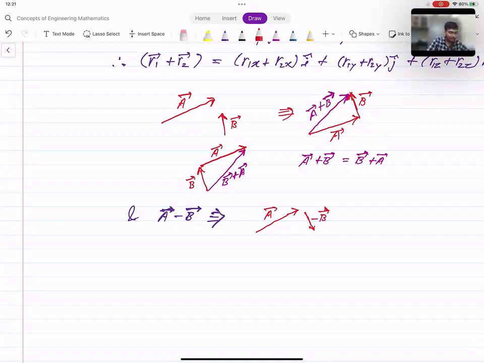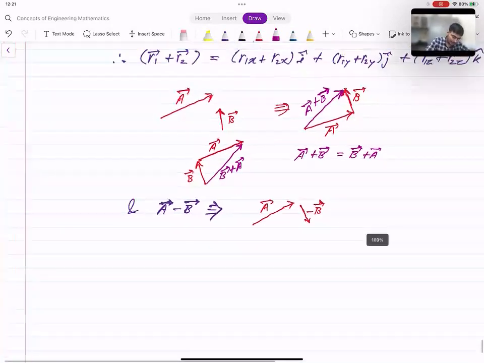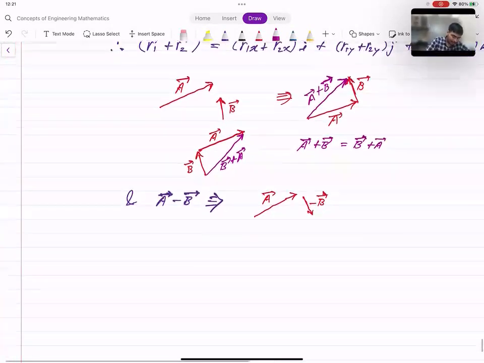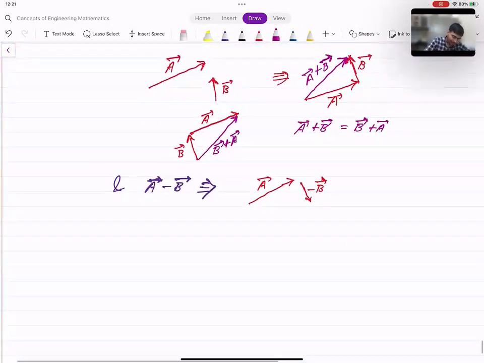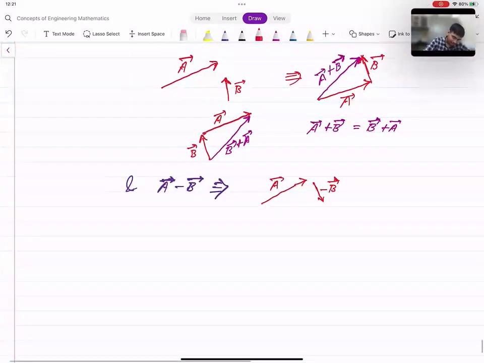So what will happen if we want to represent the difference? We put the vector A like this, and we put the vector minus B like this.